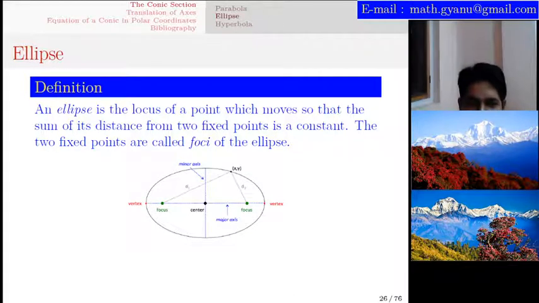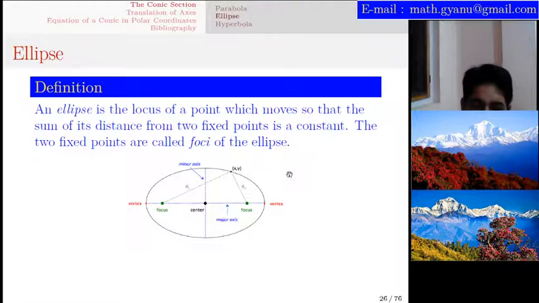This picture represents the standard graph of an ellipse. Different components are mentioned here: the minor axis, which is the vertical line, and the major axis, which is the horizontal line, two vertices on the right and left side, the center and foci on both sides, and (x, y) is any arbitrary coordinate.